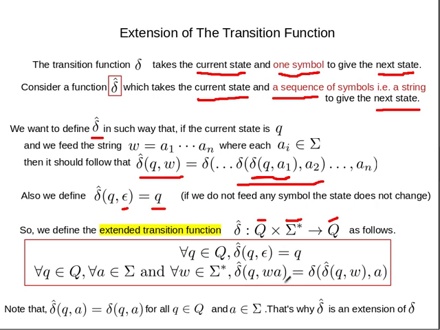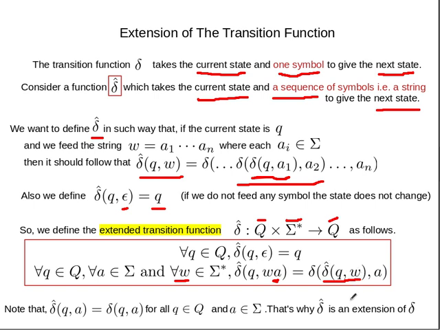So this is a recursive definition. So we first define this for all states q, and then for any string w and any state q and any symbol a. So this a is a symbol, this w is a string, right? So that we can define as follows, that first you feed this string starting from this q, so you arrive at this state, and this is hat because this is a string.